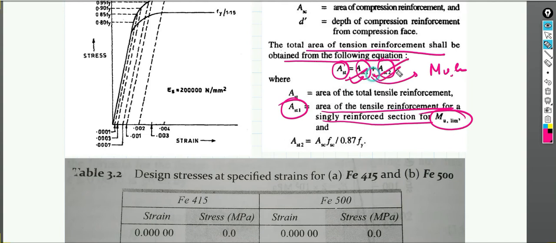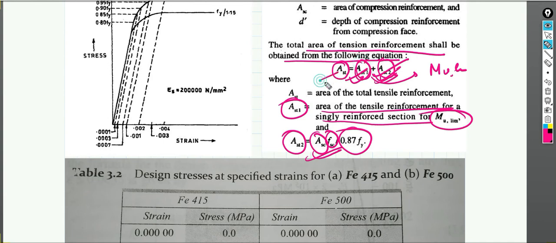And what is AST2? This is the equivalent of the compression steel that you have provided in the compression zone. That means you have to provide an equivalent amount of steel in the tension zone for the steel that you have provided in the compression zone. So AST2 can be found out as ASC into FSC by 0.87 Fy.